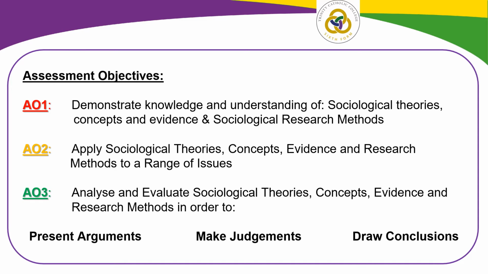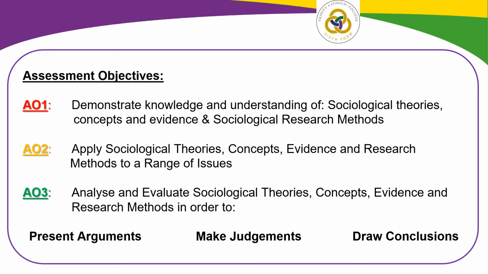Assessment objectives: this gets harder as you go down, and you get more marks for it. AO1 is basically presenting the arguments, you are answering the question. It's a basic level. AO2 is using some of what you've learned to explain what is happening, giving evidence and giving examples and making judgments.